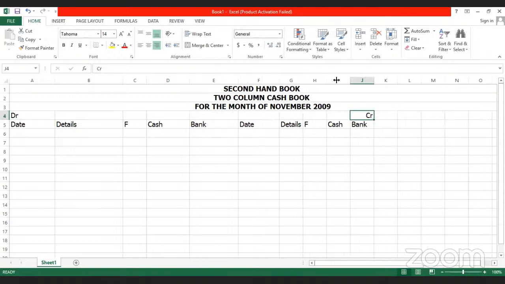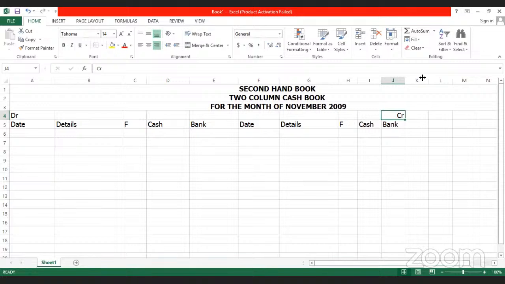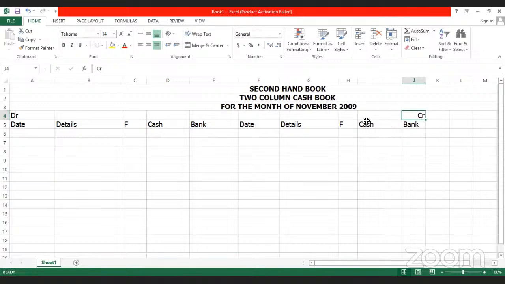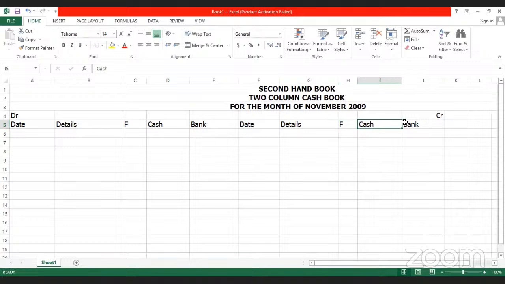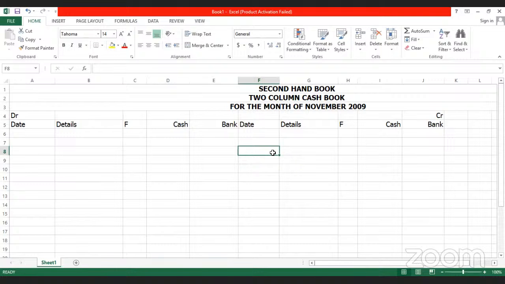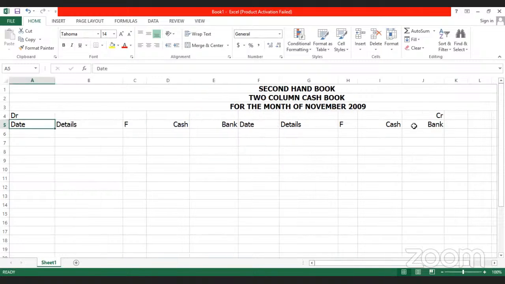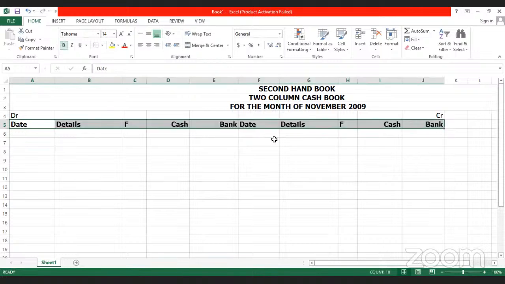You need a ruler, of course, to come up with these different columns. So this is our two-column cash book.